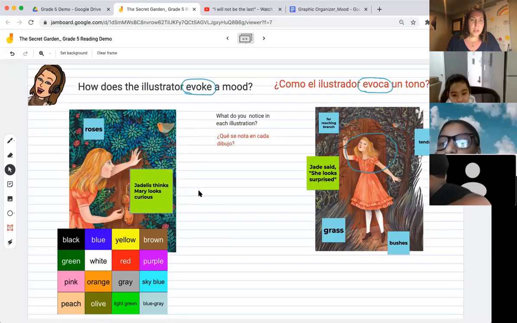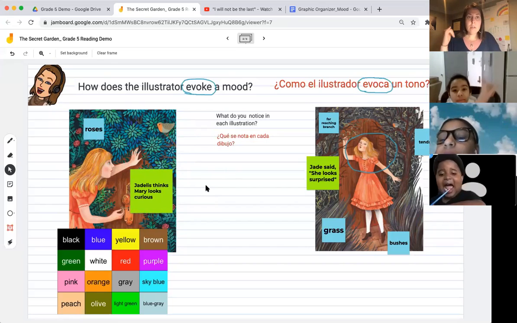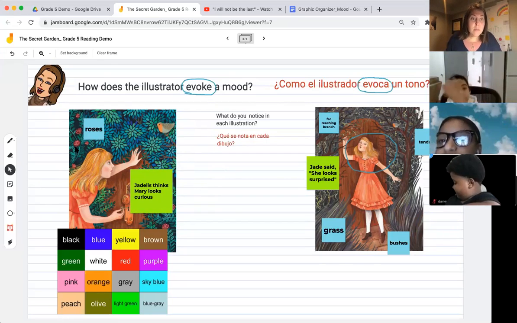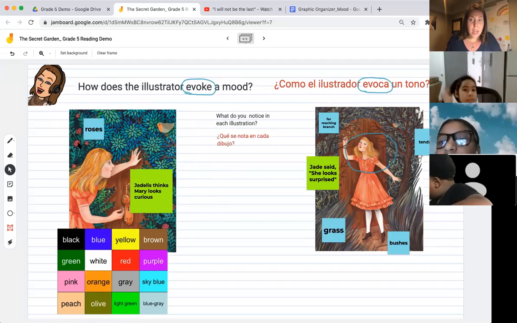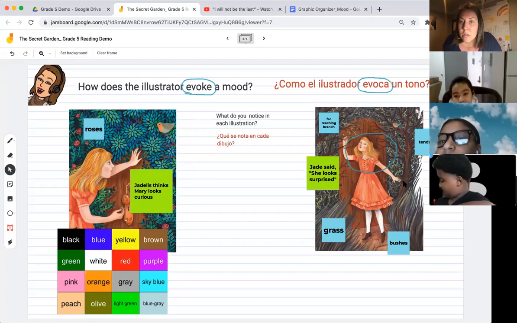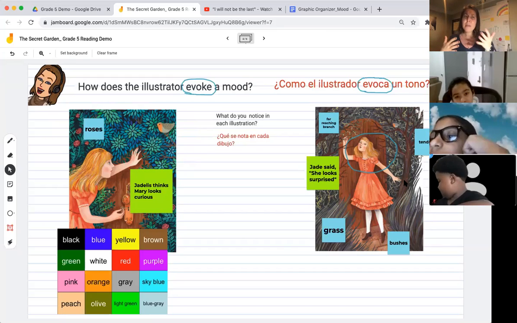Mary looks curious. All right. And I see a bird. And I see blue, a blue bird, and some red roses. Do we notice those bright colors in this picture? So could you see that it's bright, or maybe it's dark? What sort of words would you use to describe?